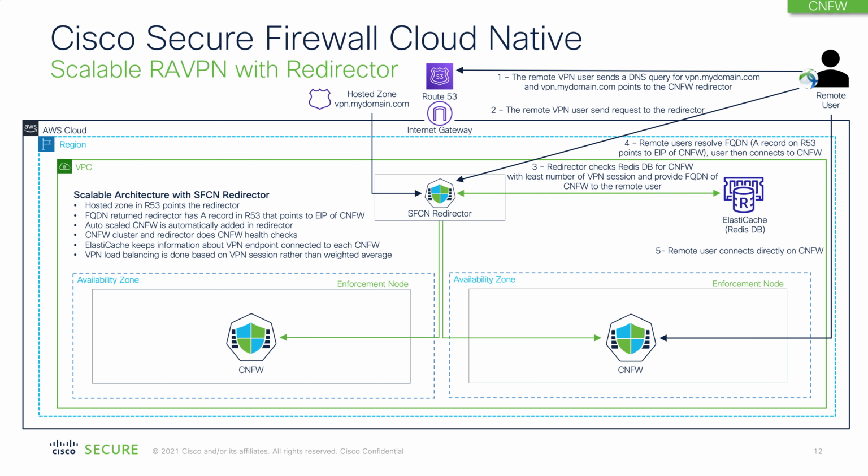The moment EKS sees that one of the EPs is down, it will try to auto heal it. Within a couple of seconds, the new EP will come back up. The user will then connect back to the same EP, and the user will not need to enter the username and password because that session information is already stored in the elastic cache.